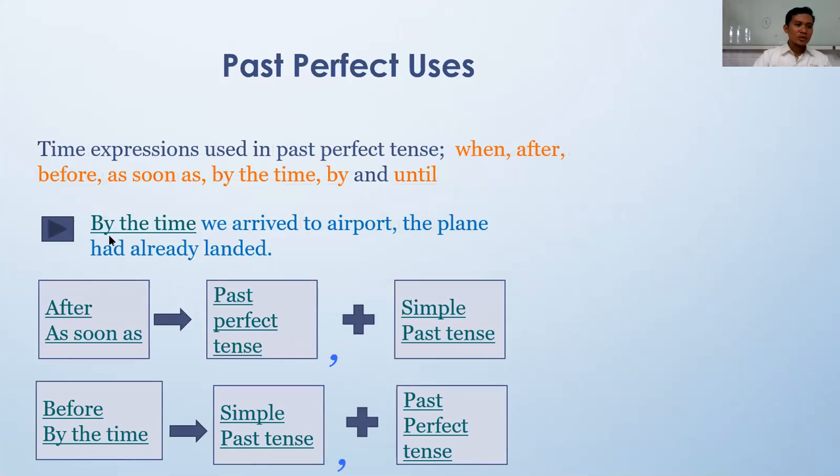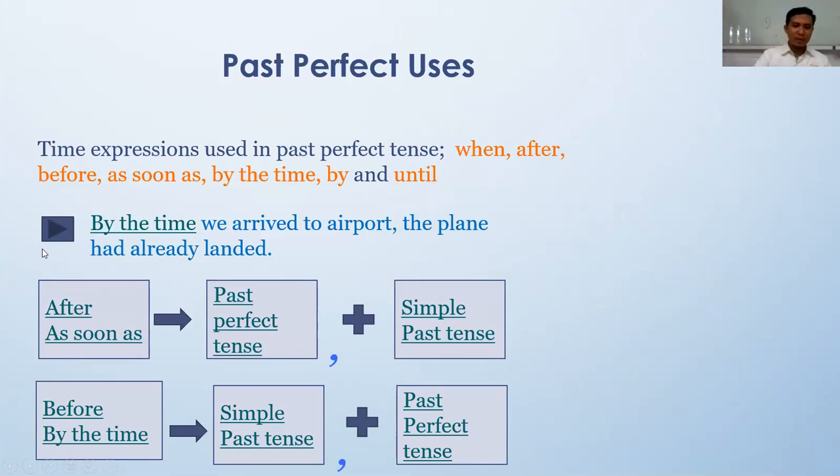Okay, and also time expressions used in the past perfect tense, you can use when, after, before, as soon as, by the time, by, and until. This is what we call the time expressions, ya waktu-waktu yang digunakan.